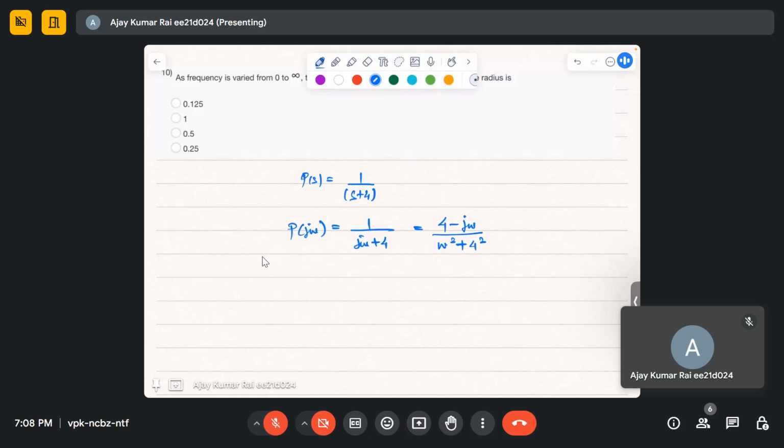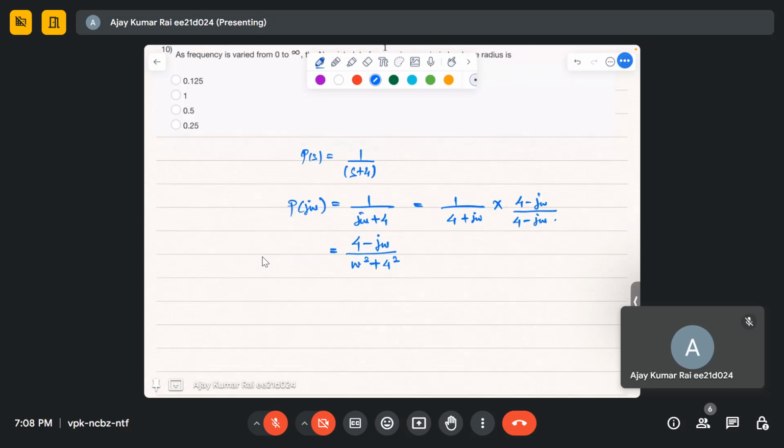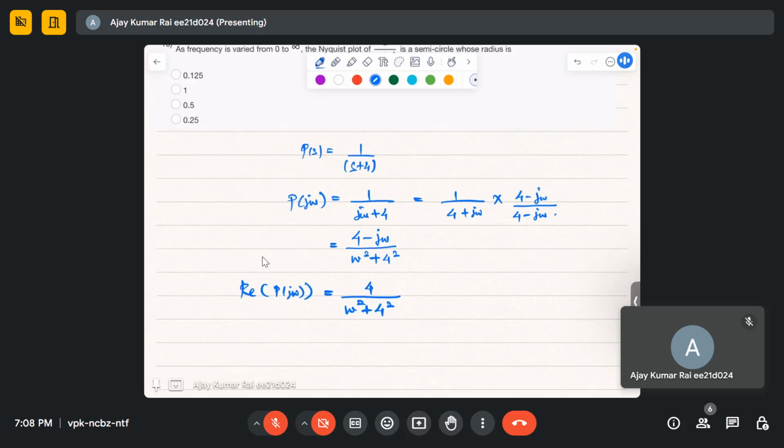So just one step. Multiply numerator and denominator by 4 minus j omega. Okay, so you'll get this. Real part of P of j omega is 4 by omega square plus 4 square, which will always be positive, because we have omega square in the denominator.